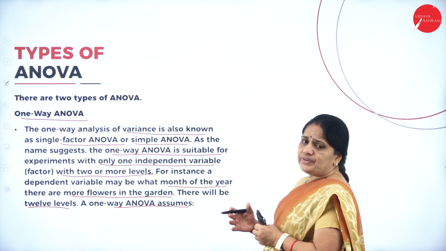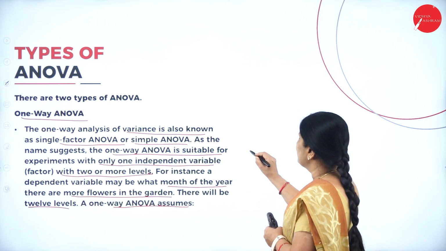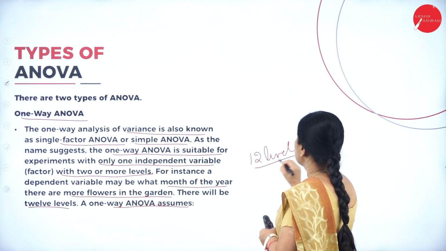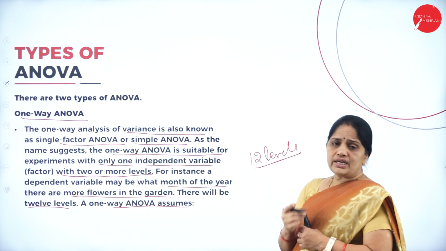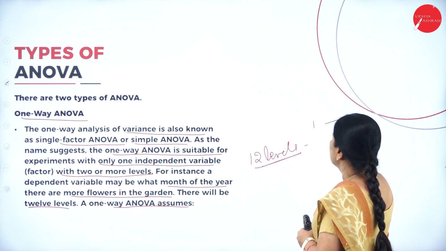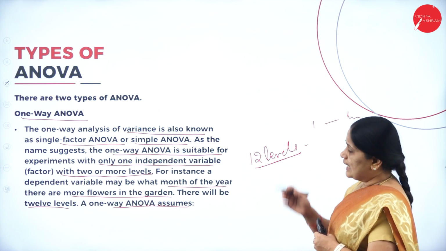If we have a survey of the number of flowers in the garden, for each year we will have 12 levels, that is, for every month we have the level of flowers in the garden.